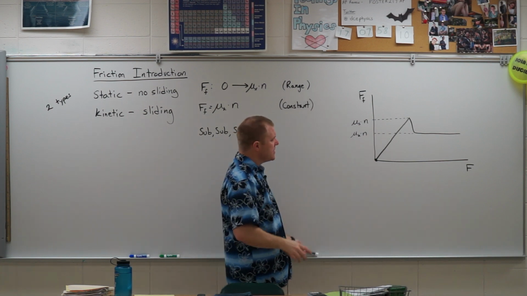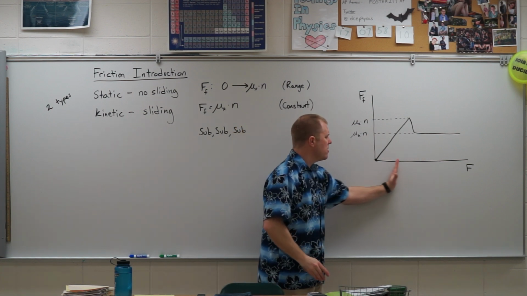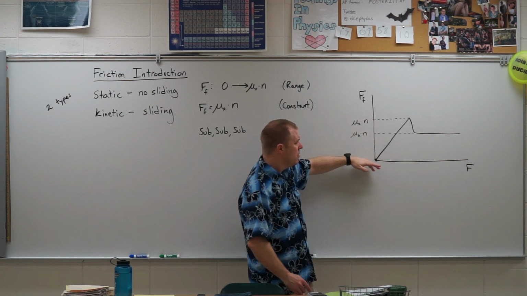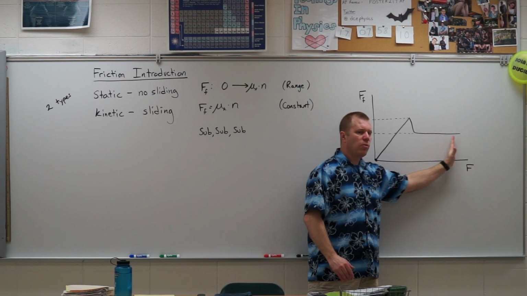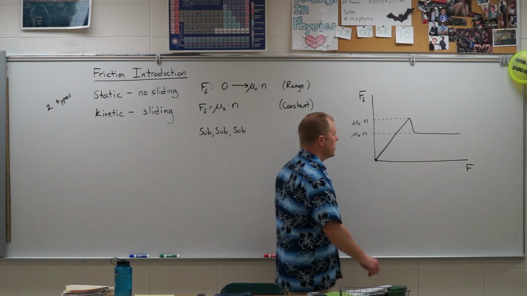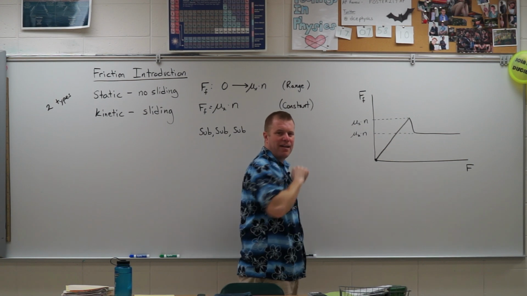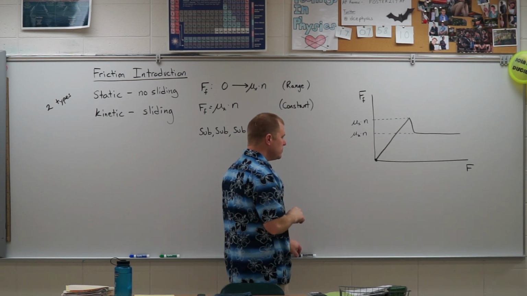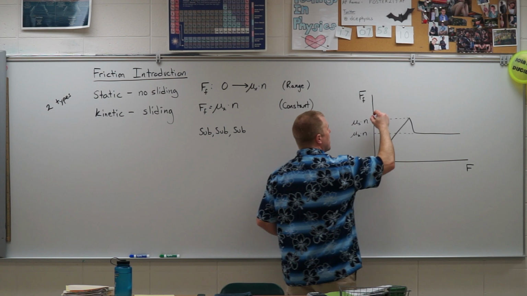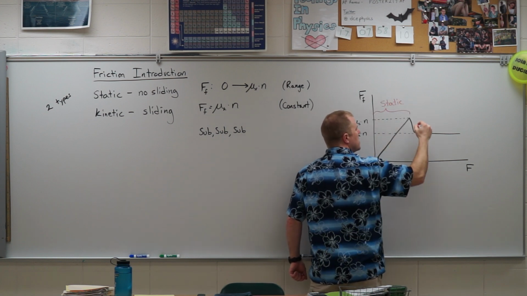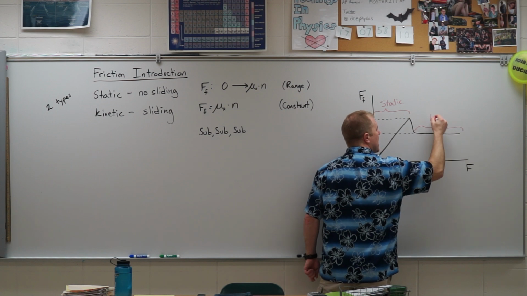So you see as I apply a different force, here for the static situation, the force of friction varies. But once I get it moving, once we're in this kinetic range over here, it stays a constant value the whole time. That is a flat line on out there. Okay? So again, here is my range where I have static. Here is the range where I have kinetic.